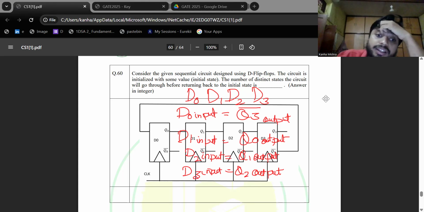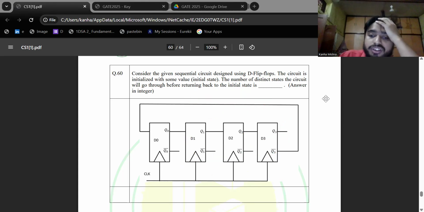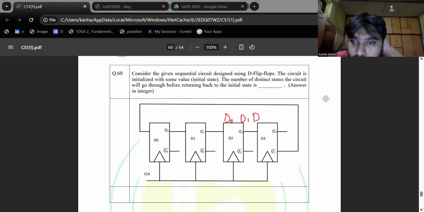Assuming all the initial values to be zero, I hope this much is clear. This is what the table will somewhat look like: D0, D1, D2, D3, and let's call the value here. If it is 0, 0, 0, 0, let's make one of them one. If I make the first one 1, then the value will become 8.